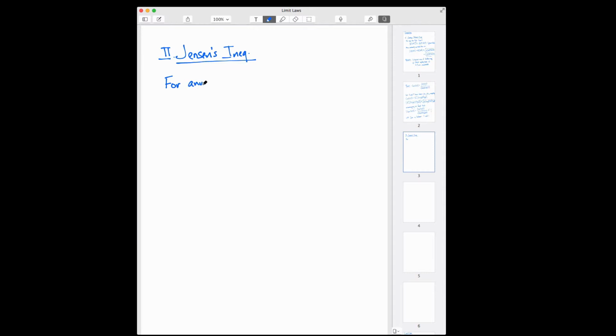So for any random variable x, it's a two-part inequality, so it depends on what's going on with g. And we should specify that this function g maps from the reals to the reals. And now we have two parts.